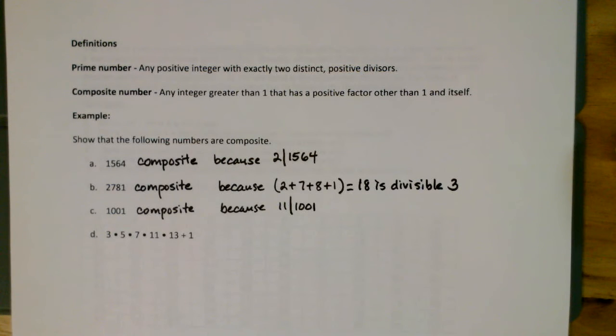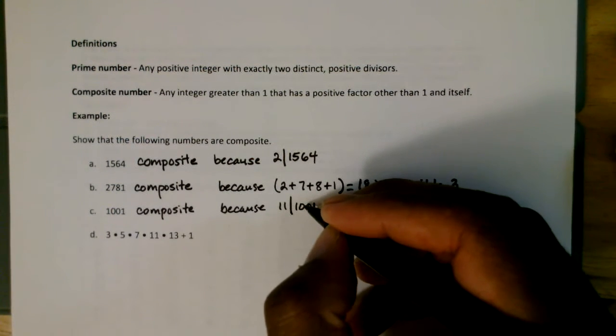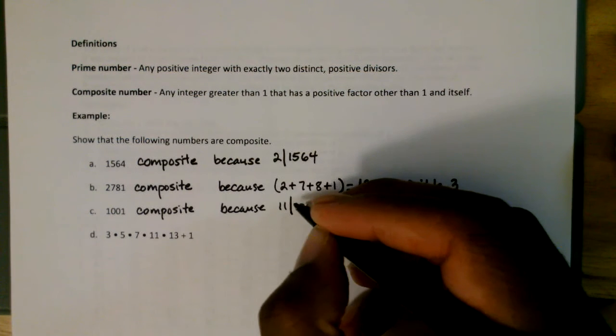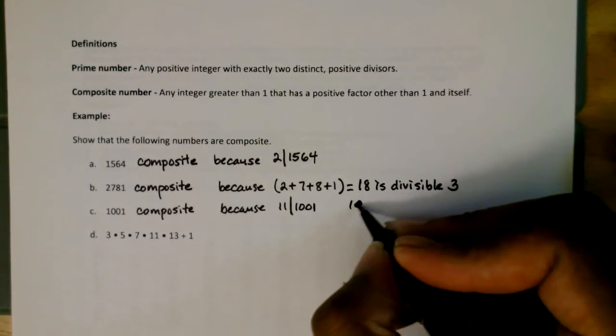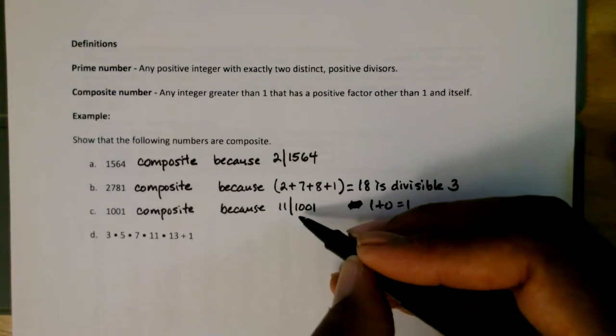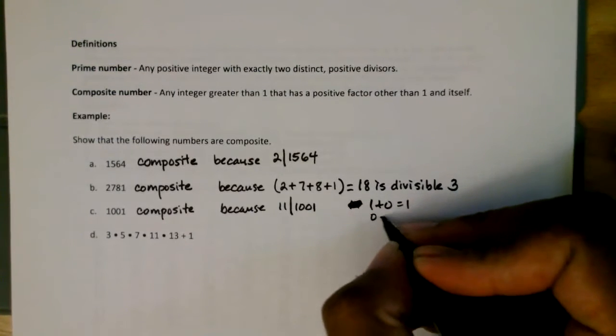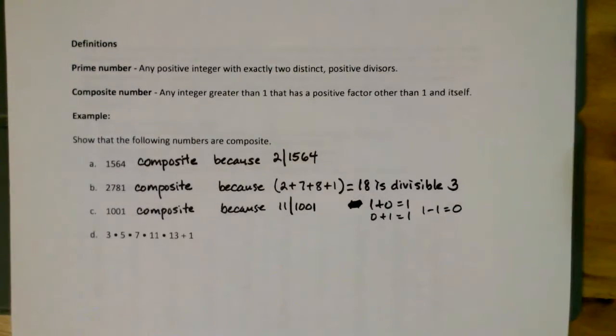If you recall the divisibility test for 11, I add every other digit in that number, 1 plus 0, that's going to be 1. And then add the other digits, 0 plus 1, that's 1. And then 1 minus 1 is 0, and 0 is divisible by 11. So 1,001 is a composite number.